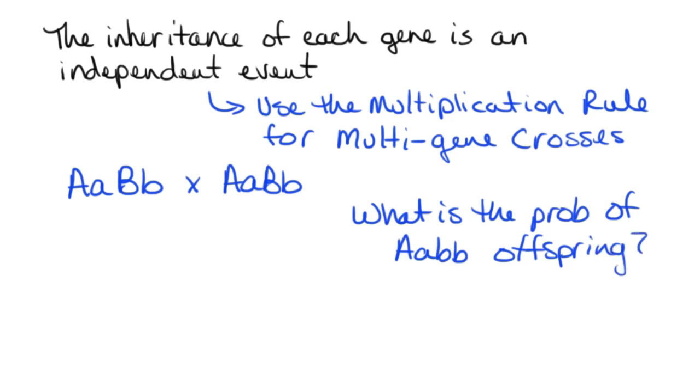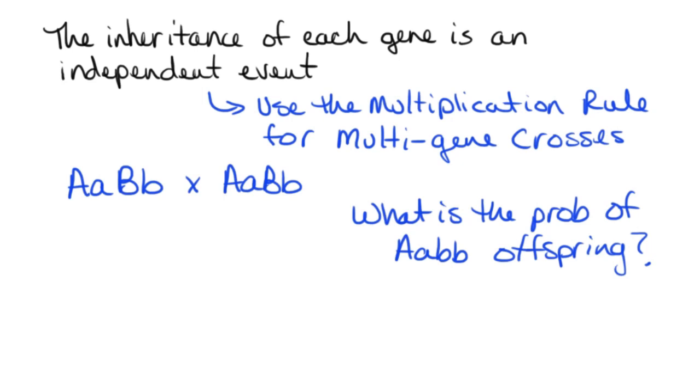So we want to know, what is the likelihood of getting that? Well, one approach would be to go and draw the big Punnett square and then just go through and count up how many of the boxes actually match up with that particular genotype. Another way to do it, and a much simpler, faster way to do it, is to use this multiplication rule.